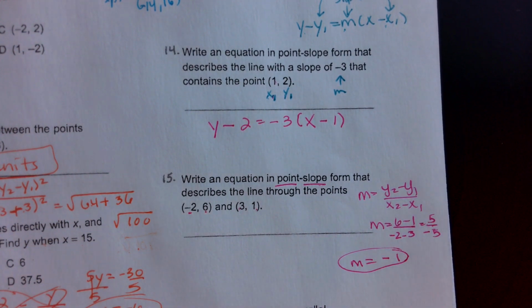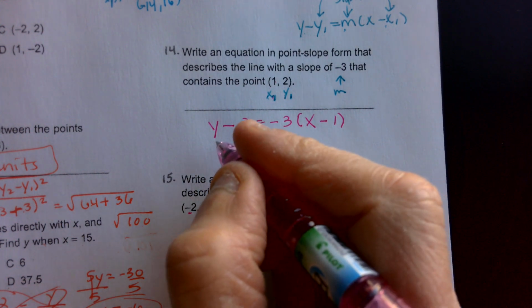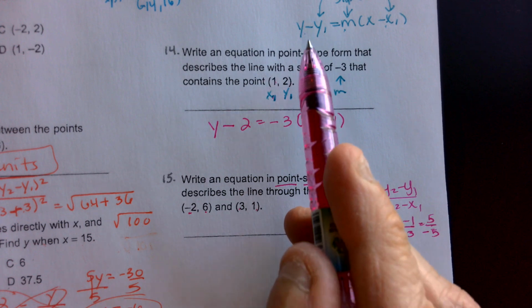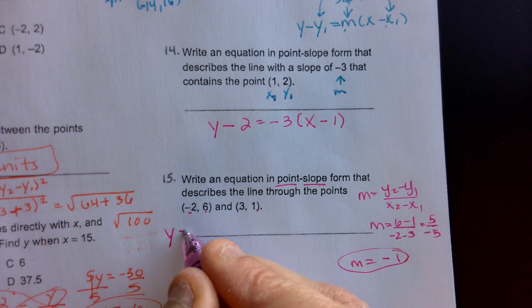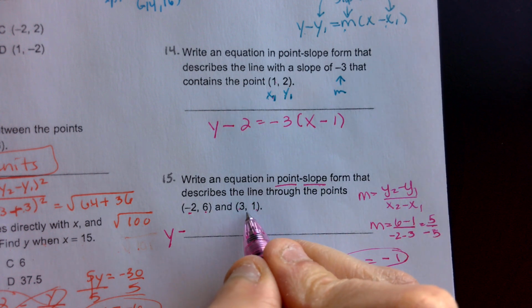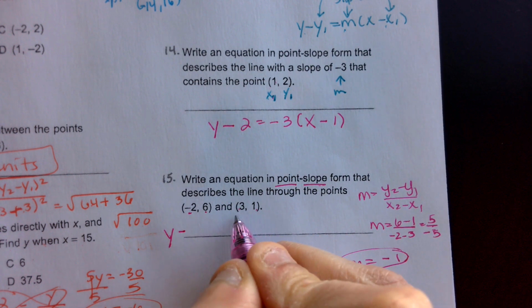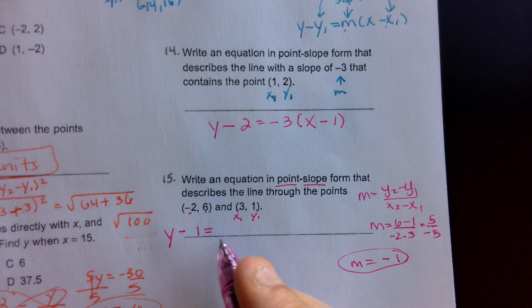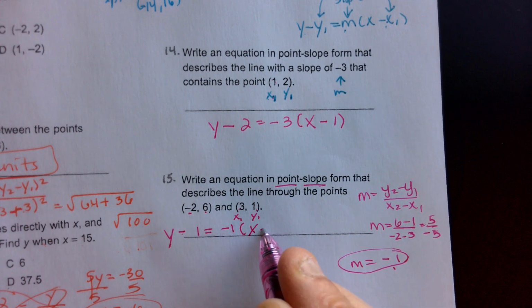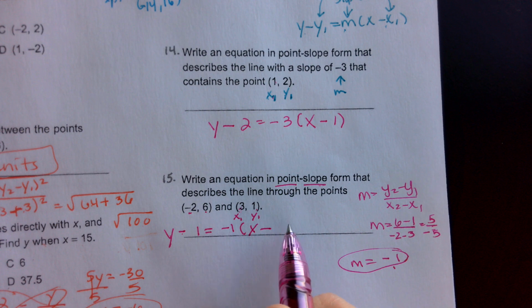All right, now I got everything I need. I've got my slope and I've got a point. So let's plug it in. Again, I'm plugging it into this equation. Oh, I have it right up here. You can still see that equation. So I leave the y. I'm going to pick this one first, but I'll show you both. Actually, yeah, that's fine. x1, y1. I'm going to do that one first. So y minus the y1 equals slope times x minus the x1. 3.